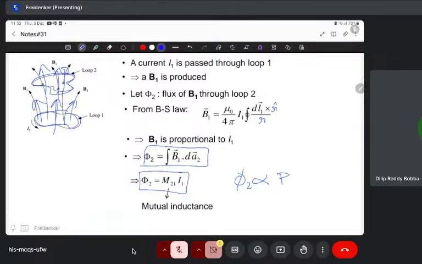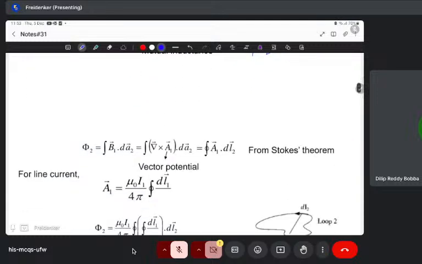So this will somehow be proportional to the magnetic field. And I know that B1 is proportional to I1, because if I1 increases, B1 will also increase. So we can say that the magnetic flux of loop 2 is proportional to the current in loop 1, and the constant is called mutual inductance. We will see what mutual inductance is.